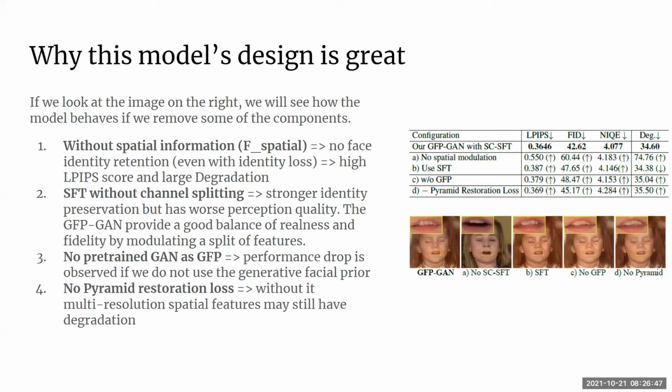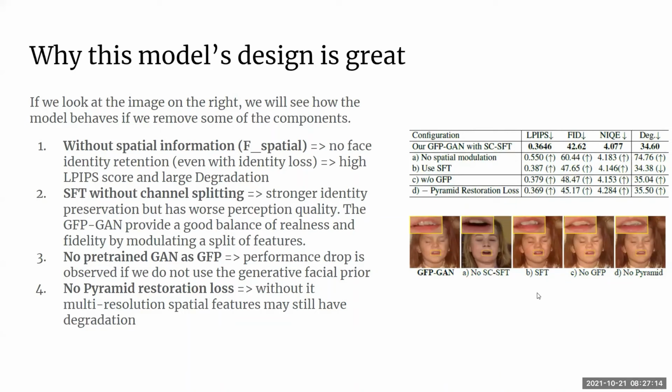When there is no channel split, it preserves the identity, but it has overall bad fidelity. And that explains why the degradation is lower than in the original GFP-GAN model. And here are the results in comparison to each of them.